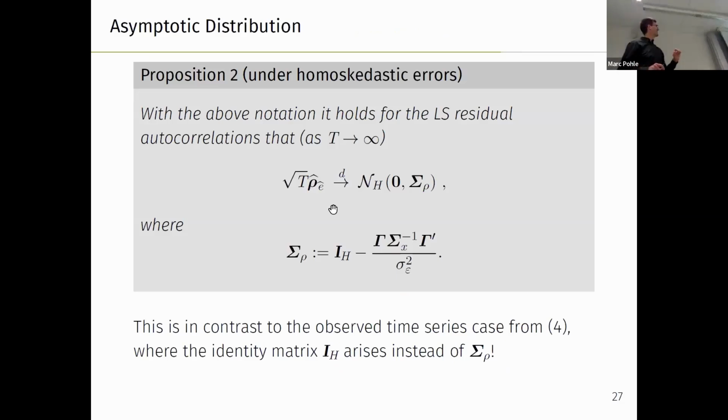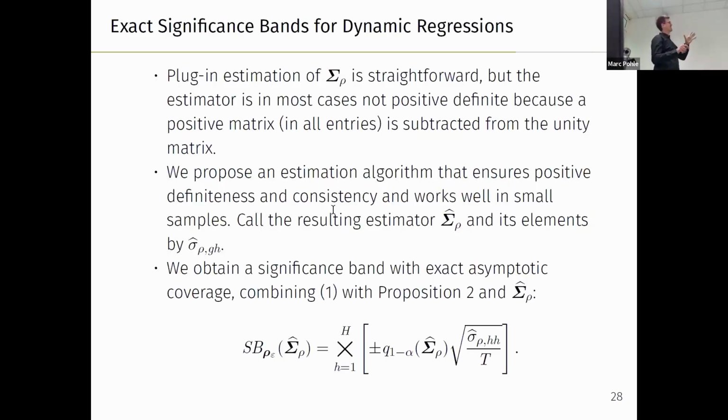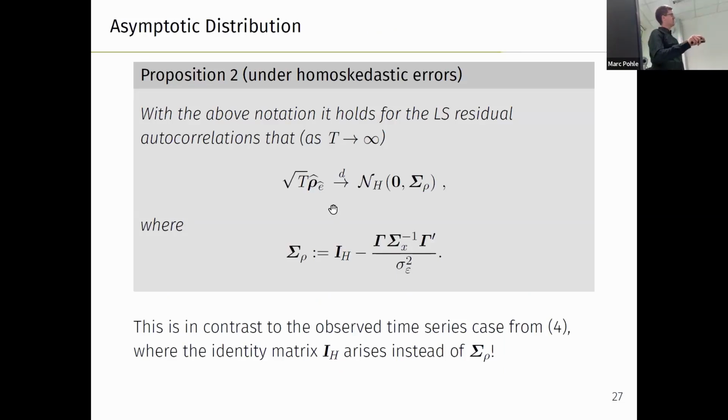The entire variance matrix is not necessarily positive definite, and if you use standard plug-in estimators, it's most often not positive definite. That's why we developed a simple algorithm, we call it a shrinkage algorithm, that ensures positive semi-definiteness of the empirical version of this matrix.